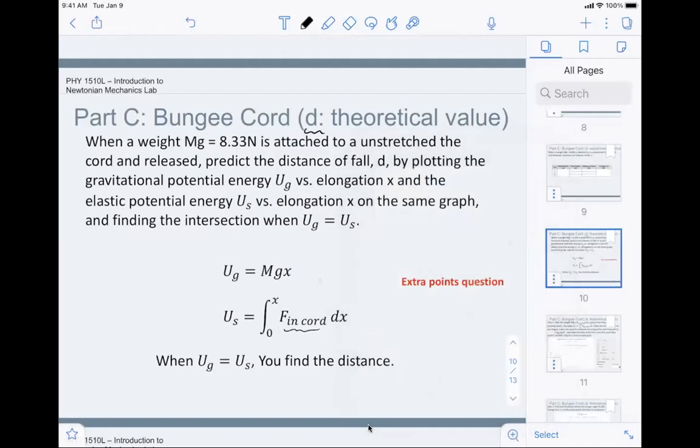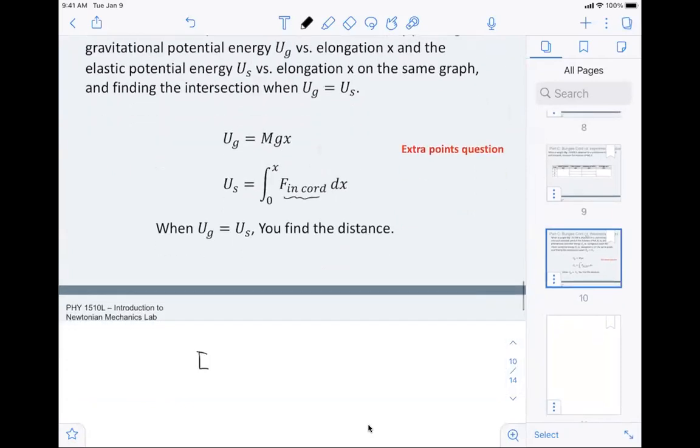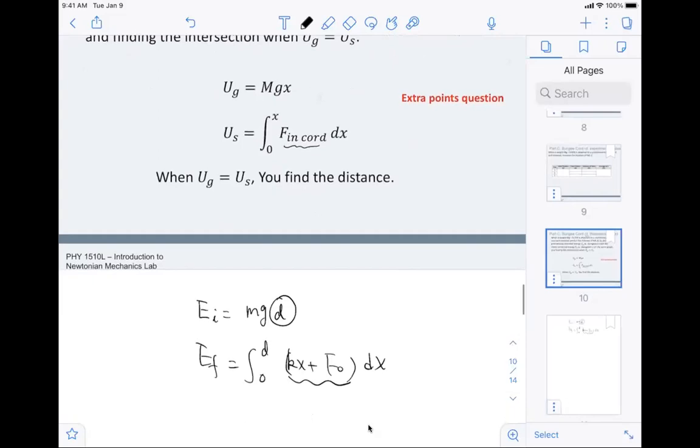We said, okay, initial velocity, the initial energy is mgd, right? The final energy is kx plus friction dx. We know how to integrate this, and we set them equal to each other, and we found our d.